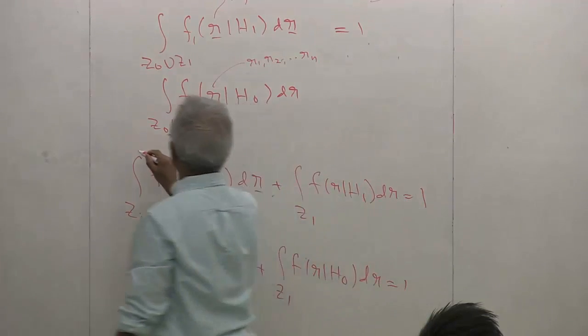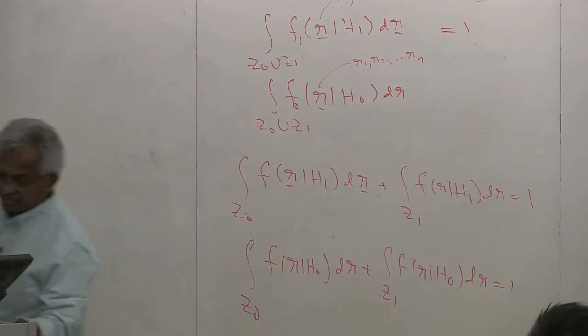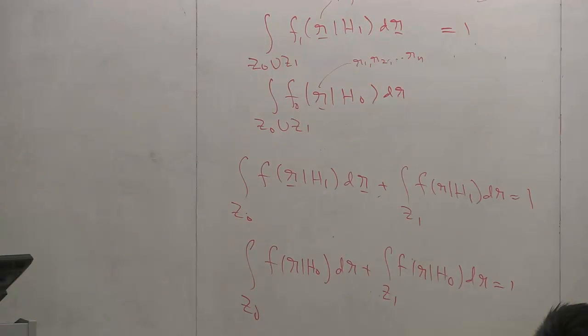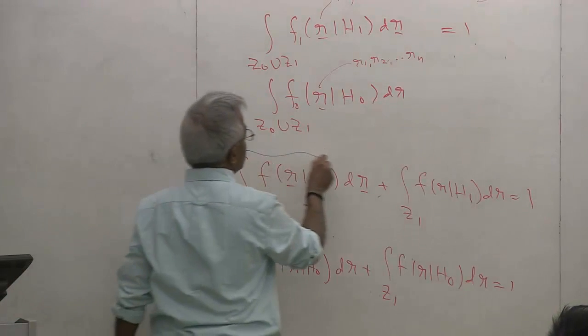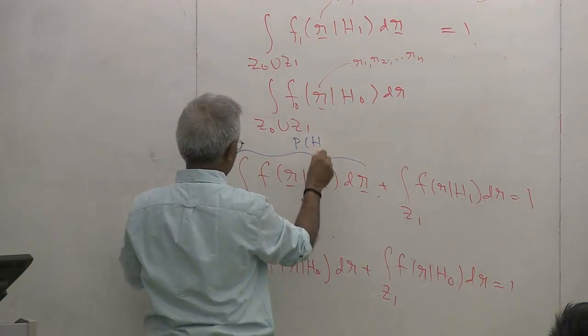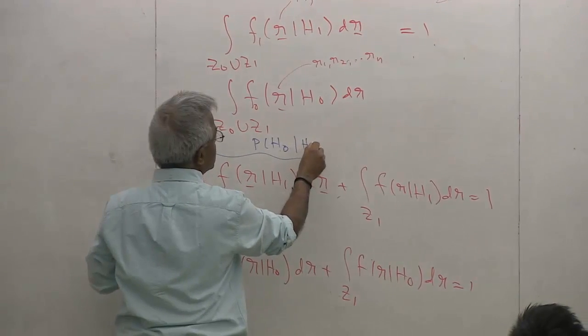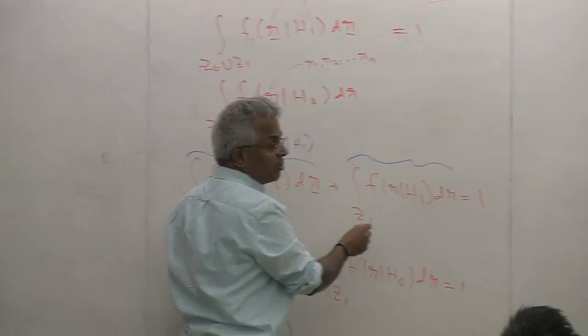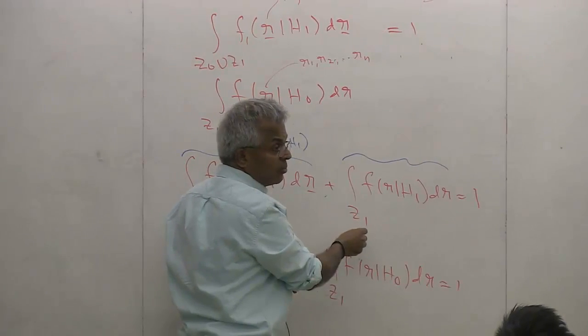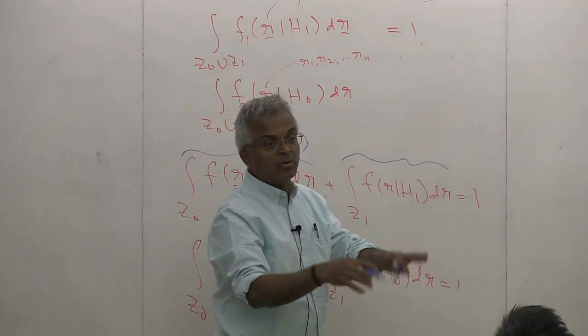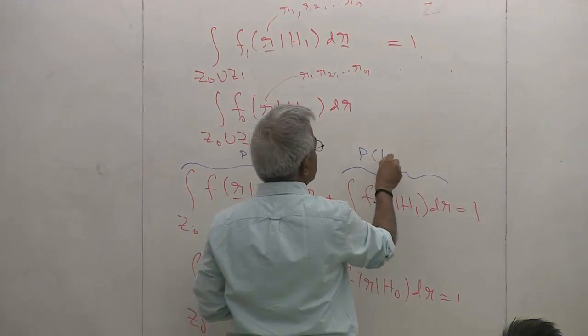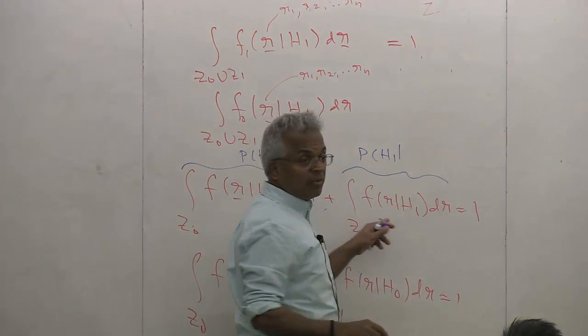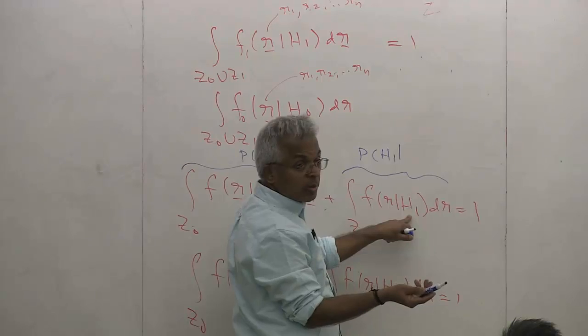So this is, of course, the probability of deciding in favor of H0 when H1 is true. And look at here: what is the probability that R will fall in Z1? If R falls within Z1, we are going to declare it as H1. So this is the probability of declaring in favor of H1 when H1 happens to be true.